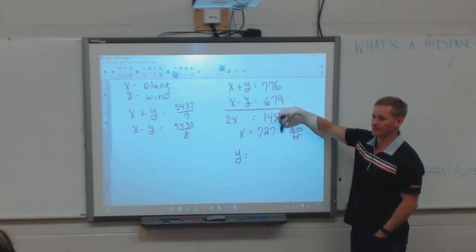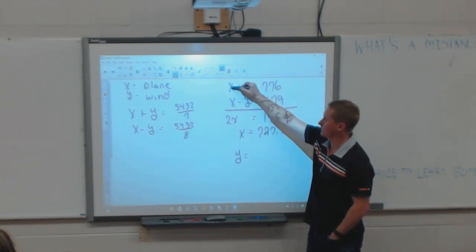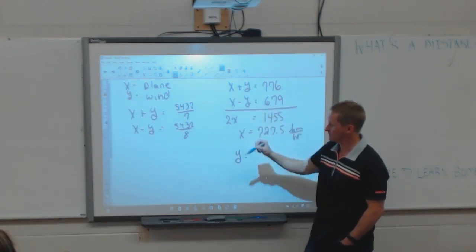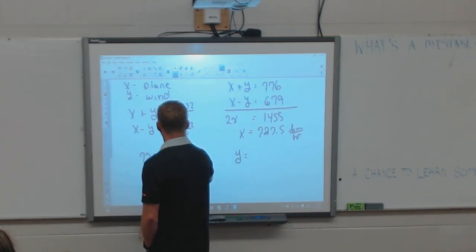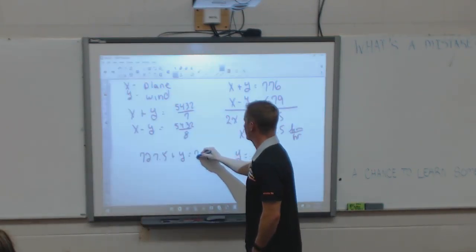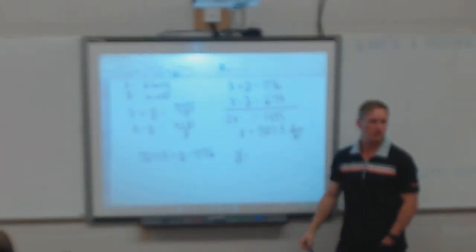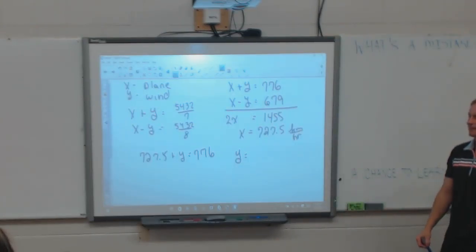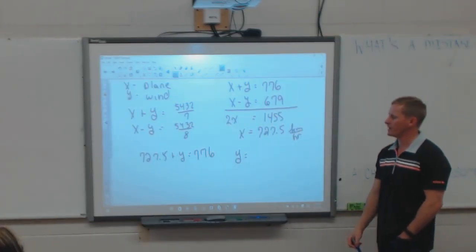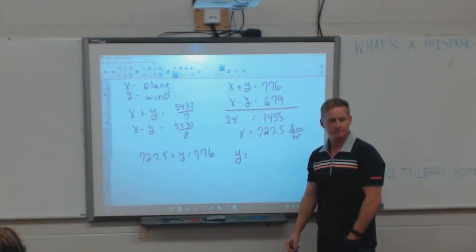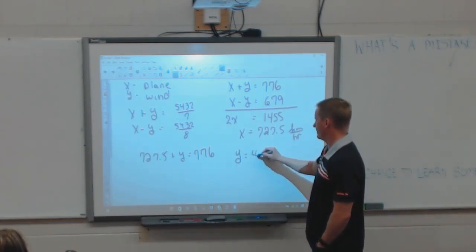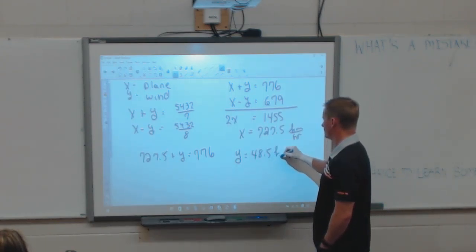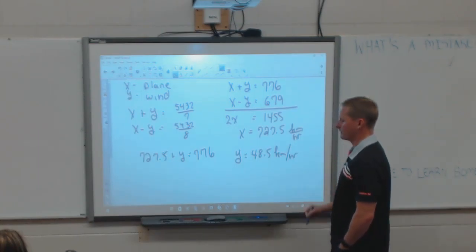This is my plane speed, right? So let's put it into here. 727.5 plus y is equal to 776, right? Subtract that, what does y equal? 48.5 kilometers per hour.